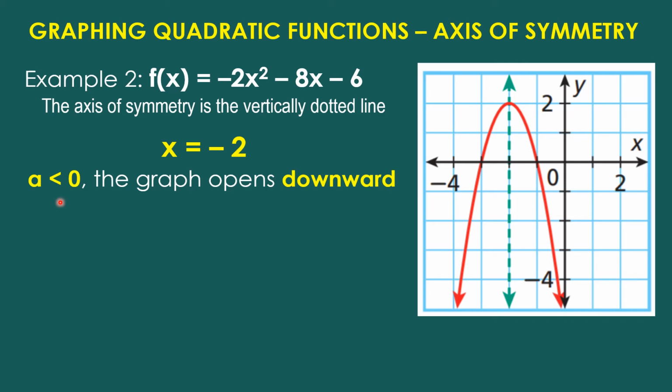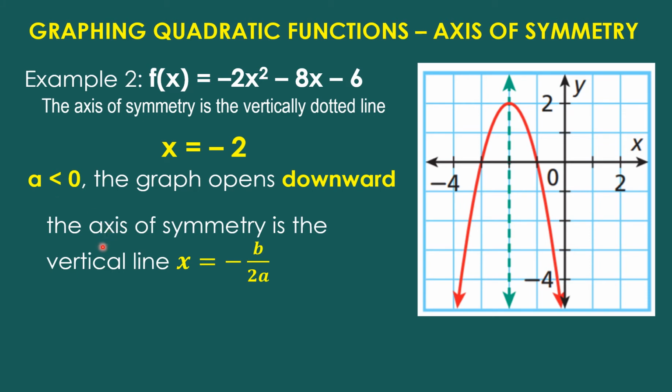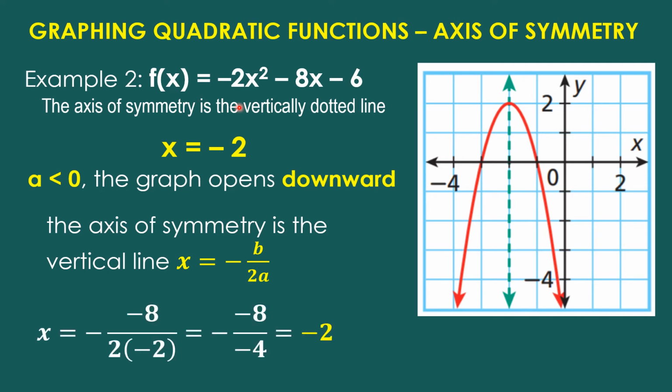There also exists a relationship between the values of a and b in the quadratic function. That means, to find the axis of symmetry given the quadratic function, we can also use the formula x equals negative b over 2a. So let us try to use this in the function negative 2x squared minus 8x minus 6.